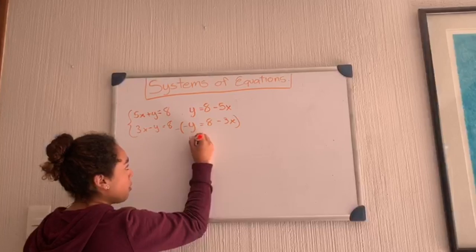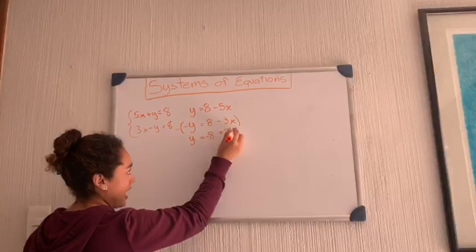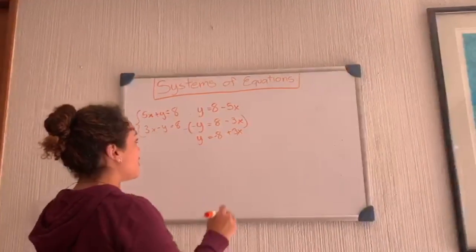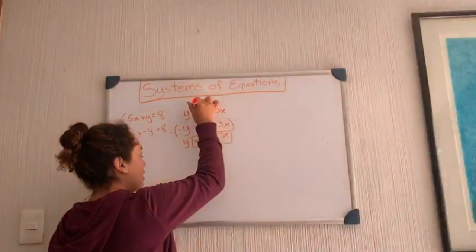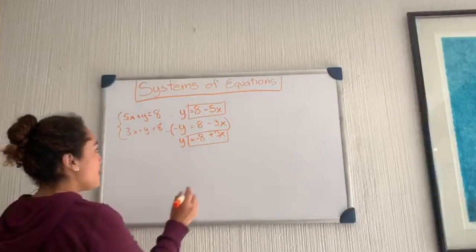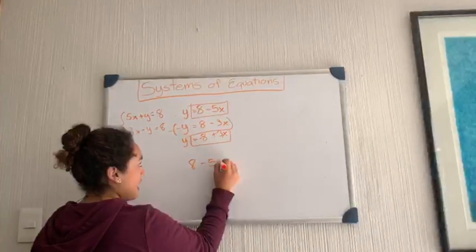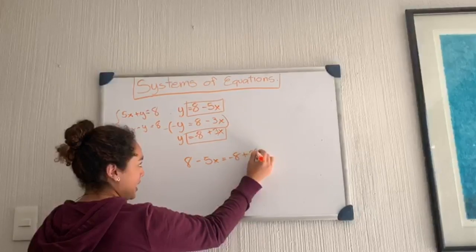So we have y equals minus 8 plus 3x. Now we are going to use only this part and this part for solving for x. We put 8 minus 5x equals minus 8 plus 3x.